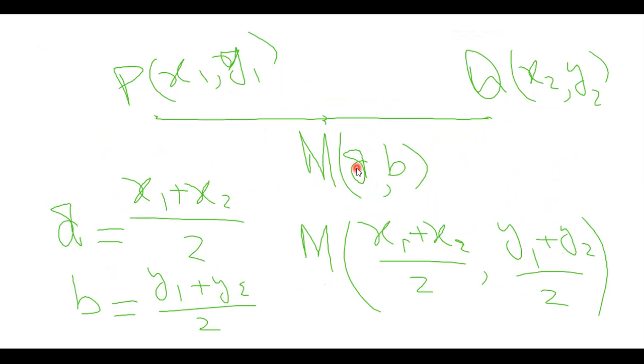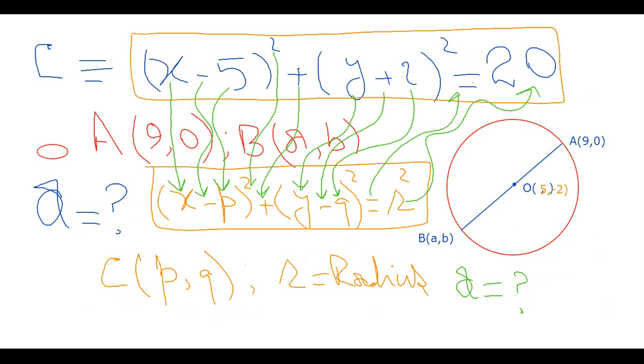A is given, and you are looking for A. So 5 would be the first coordinate of the midpoint, and minus 2 would be B of the midpoint, right?